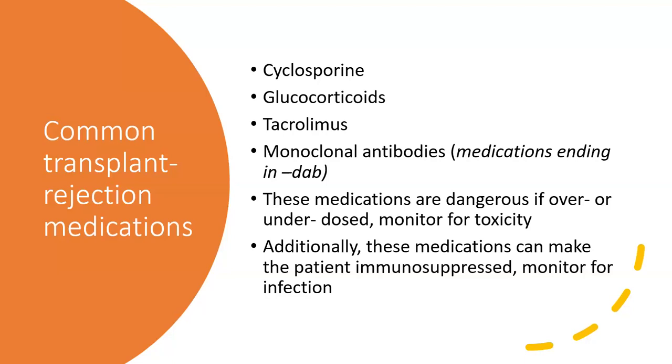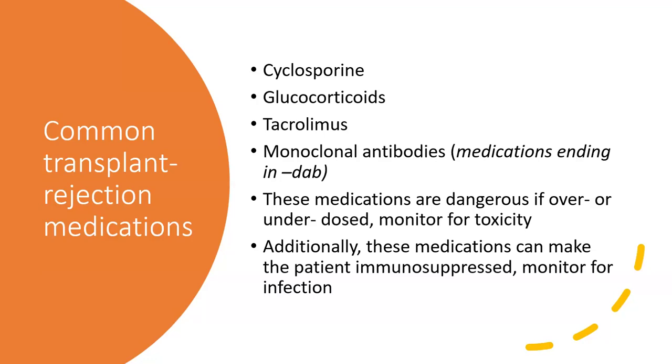And so as a result, the body tries to kill that tissue. And so with that, we have several different medications that we can use to help prevent any kind of tissue rejection, organ rejection.